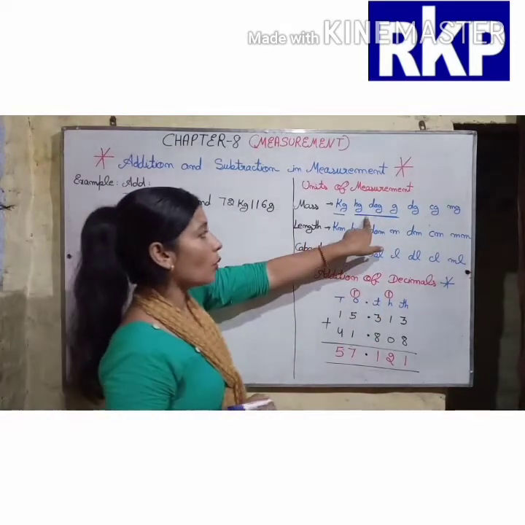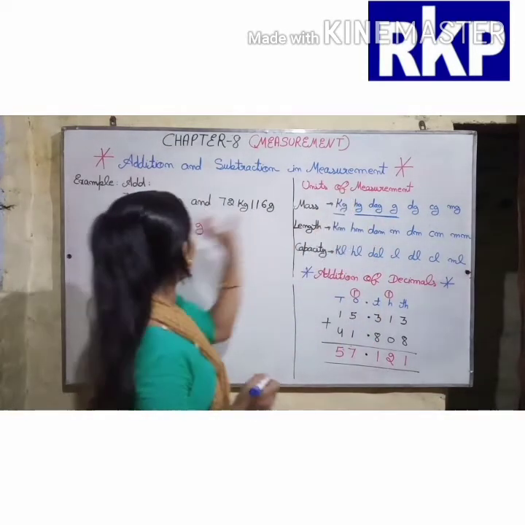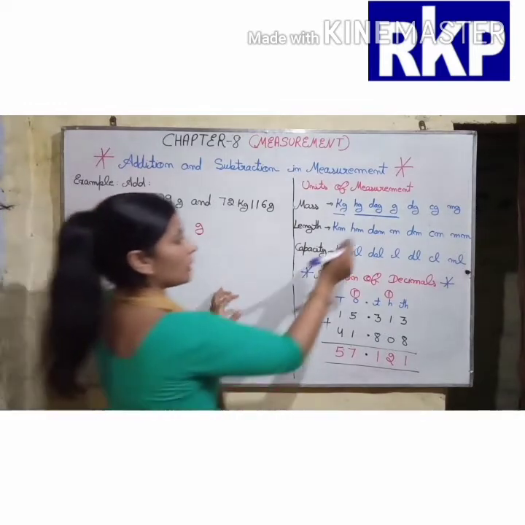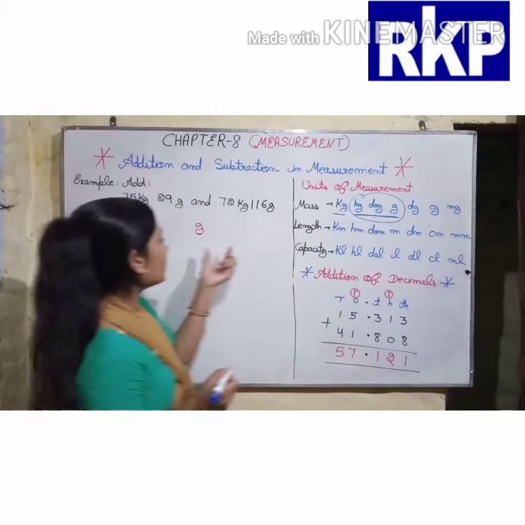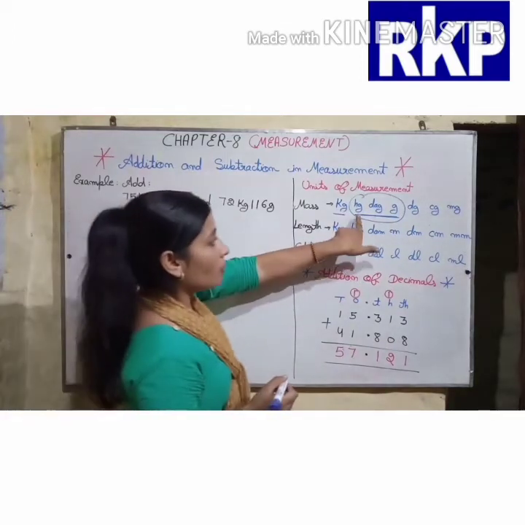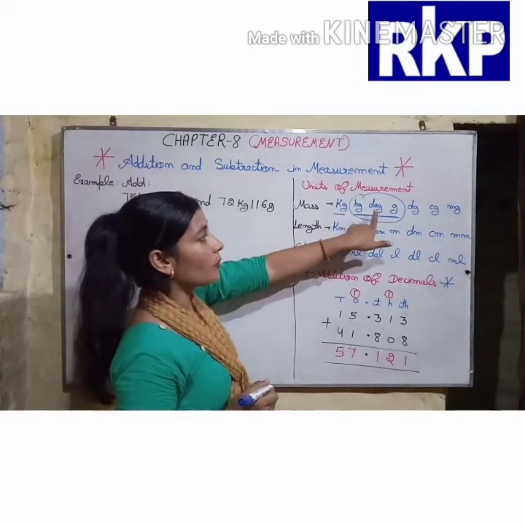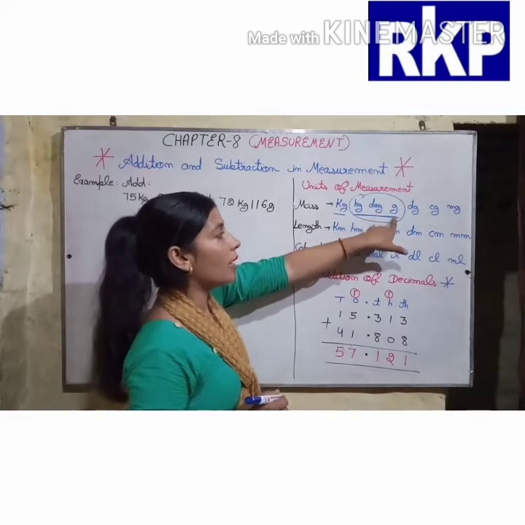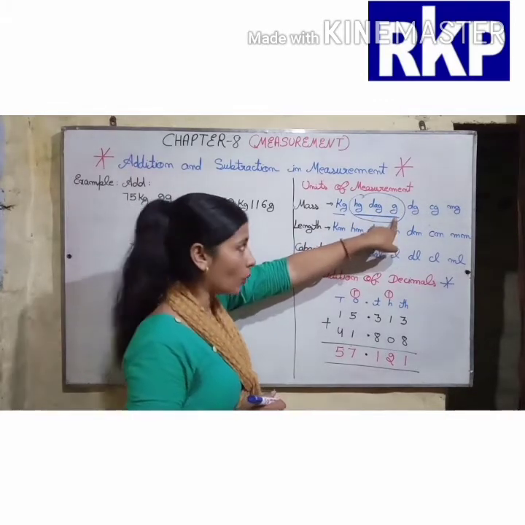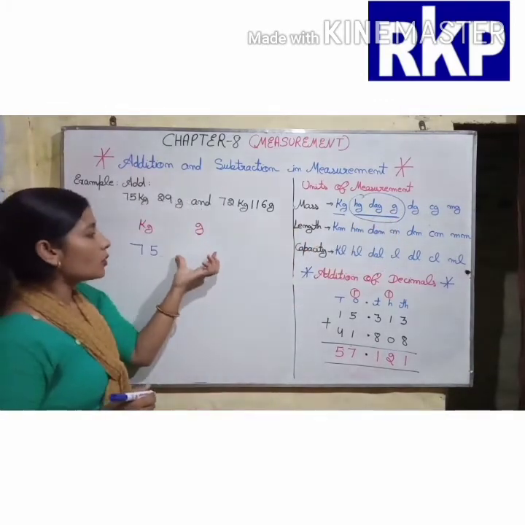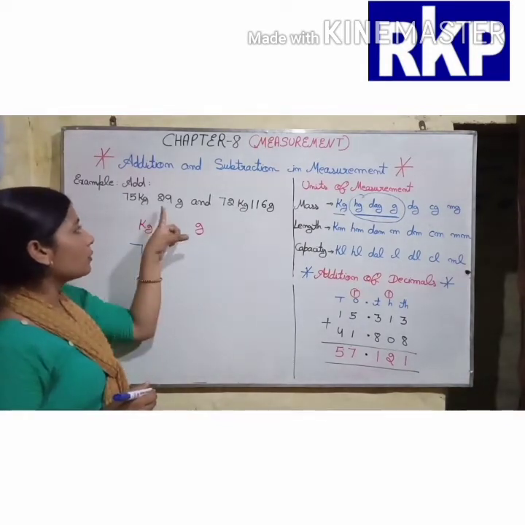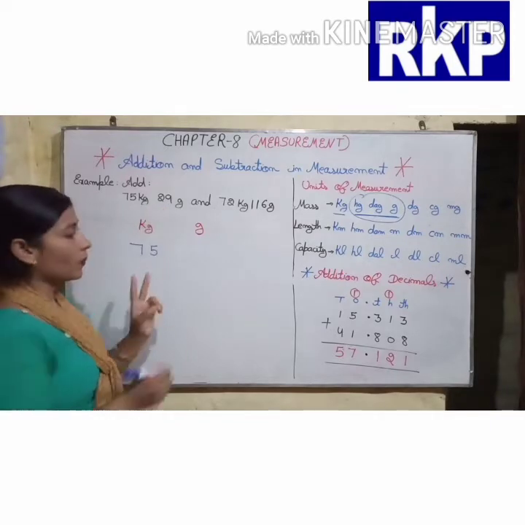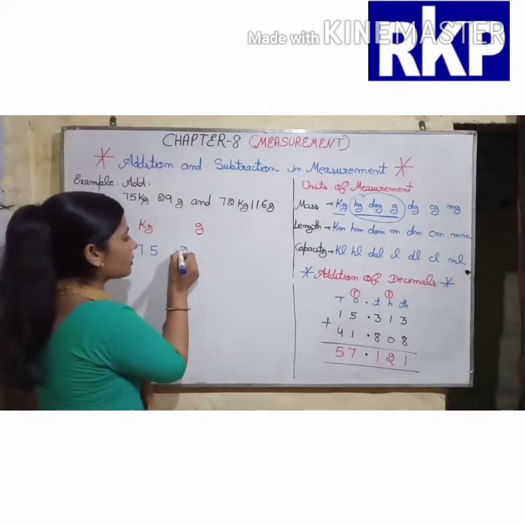So in this column we should have three digits, one digit for hectogram, one for decagram and one for gram. So here we need to write three digits but here we have only two digits. So how can we write this?